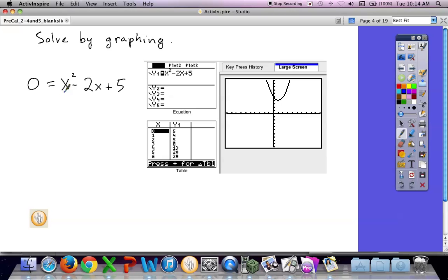This is the point where we go back to the complex numbers, remembering that there are times when we find zeros that are not real numbers. So no crossings of the x-axis means no real solutions, no real zeros.